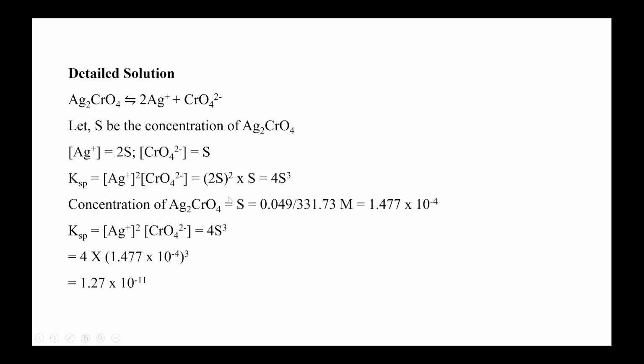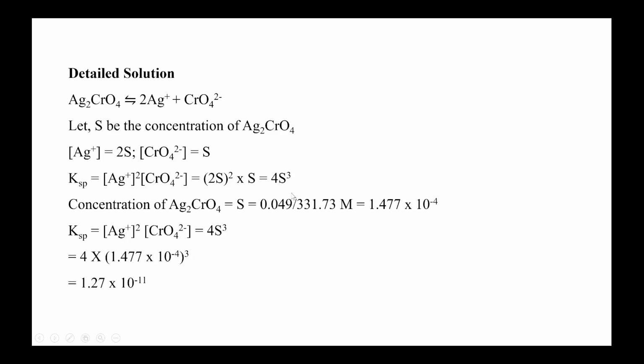In the question we have the value of S given as 0.049 grams per liter. So I told you, if you have to convert grams into moles, you have to divide by the molecular weight. Whatever mass is given divided by the molecular weight will give you moles, and since it is given per liter, moles per liter would be molarity.